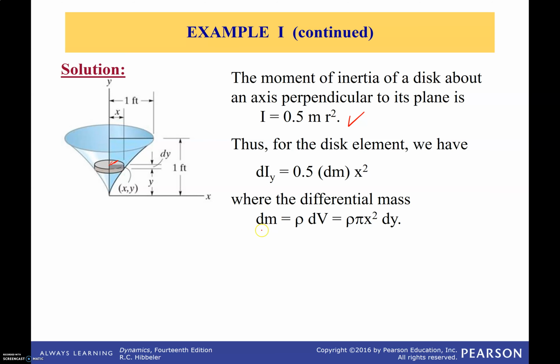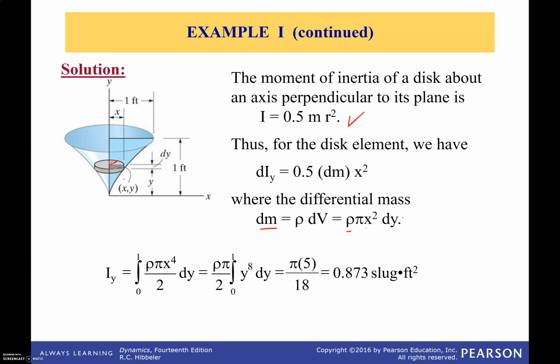Now, the mass dm is rho times dv. What is dv? Well, it's pi x squared times the width, which is dy. And now we can write the integral. The integral is the sum of the moment of inertia of all the disks when I integrate from 0 all the way here.